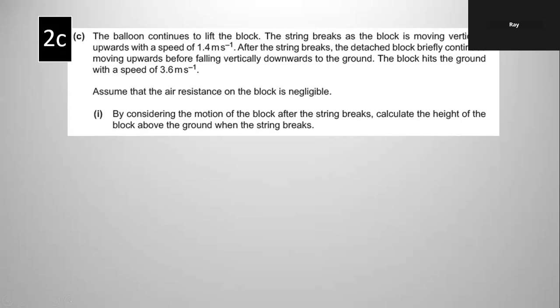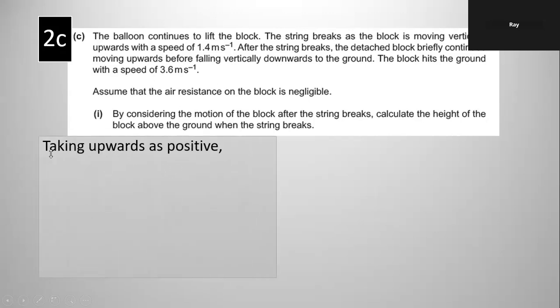Okay. So what is happening is you won't have a pure question. They will try to mix two topics. So this is topic one and topic two, dynamics and kinematics. So the block initially will have upwards movement. That's the speed. Then it will decelerate to zero. And after that, moving downwards. And you are given that final velocity.